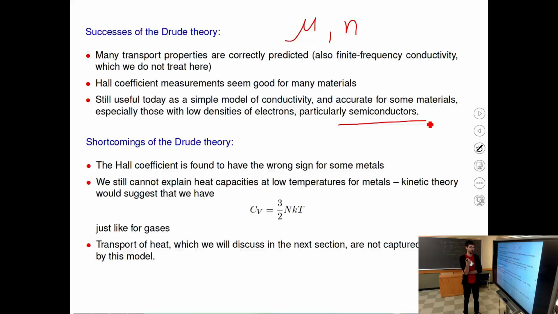Hall measurements can be derived from Drude theory and work pretty well for many materials, in particular for semiconductors. But of course, Drude theory is profoundly incorrect from the point of view of what electrons actually are, that they are quantum mechanical fermionic particles. And so the whole essence of it is profoundly wrong.